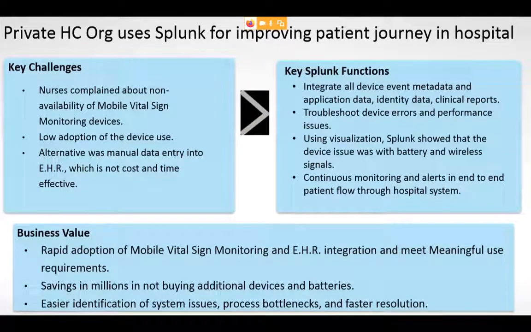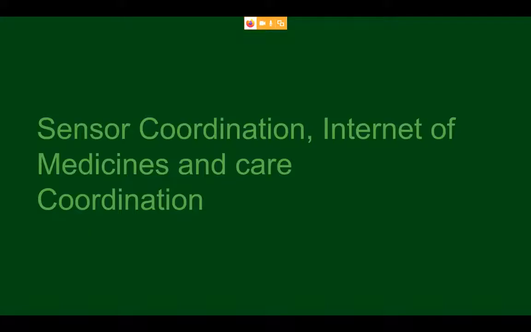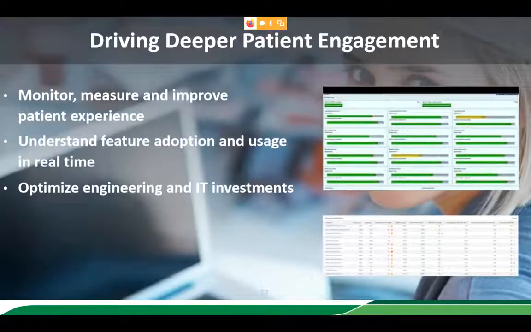That way you can meaningfully get out all the requirements which you have within the environment. So that's how you can use it. Some of the sensor coordination, Internet of Medicine, this is IoT. By doing this, we are mostly at the conclusion.